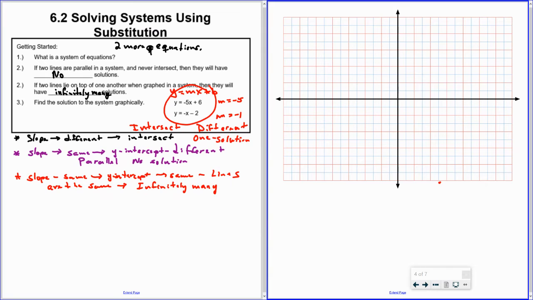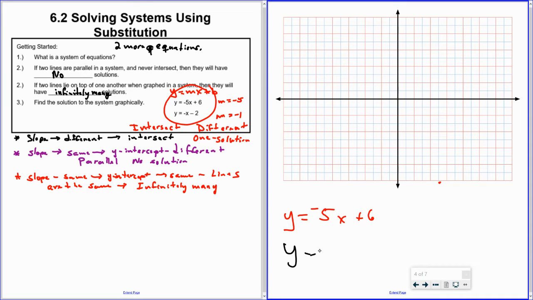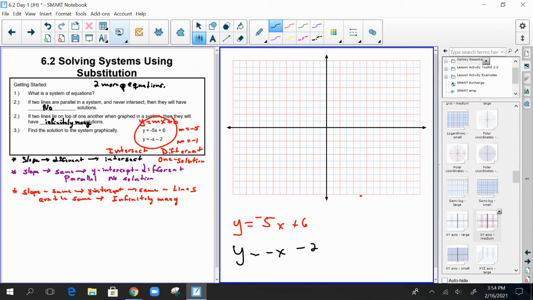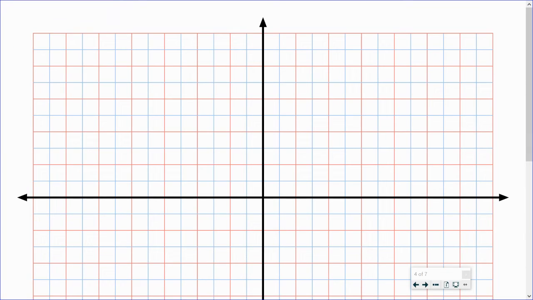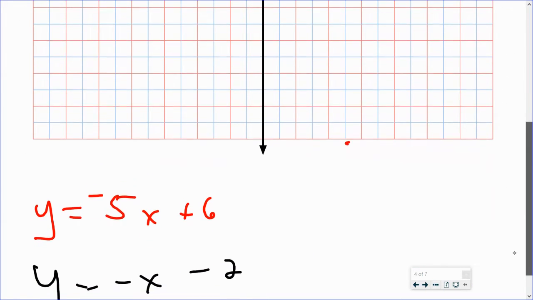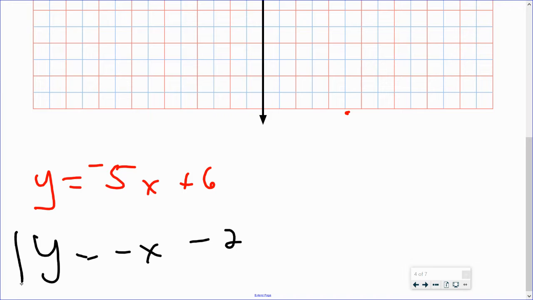All right, so I have this particular line, that's y equals -5x plus 6. And I have another one that's y is equal to -x minus 2. Let's get this back to single page and make it full screen. Okay, so I have those two equations. All right, so let's graph this first one.